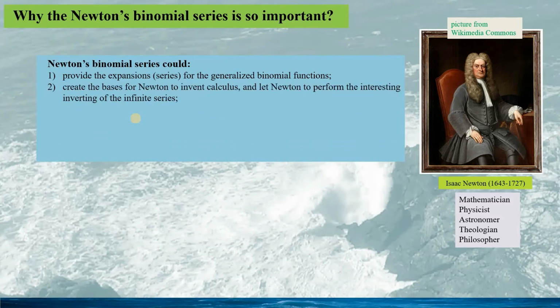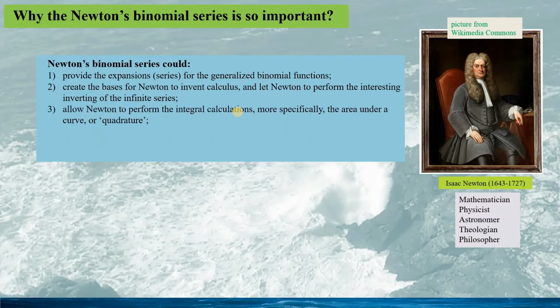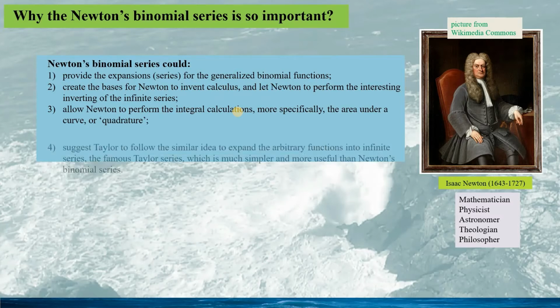It could create the base for Newton to invent calculus and let Newton perform the interesting inverting of infinite series. It allowed Newton to perform the integral calculation, more specifically the area calculation under a curve.